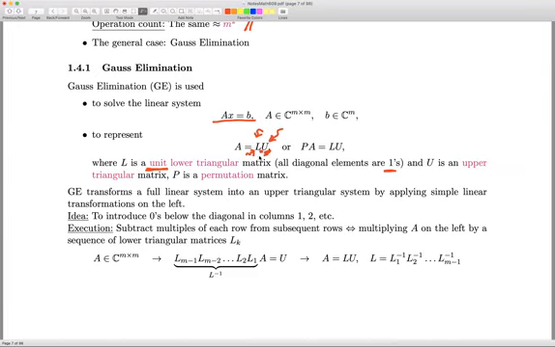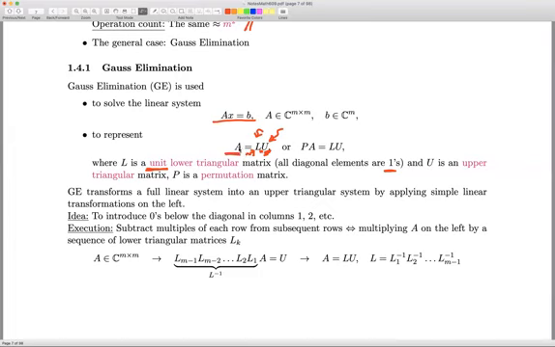Once you do that, you end up with equations that determine the entries of L and U. So the bottom line is that we are going to use Gauss elimination to write down the LU factorization of the matrix A.